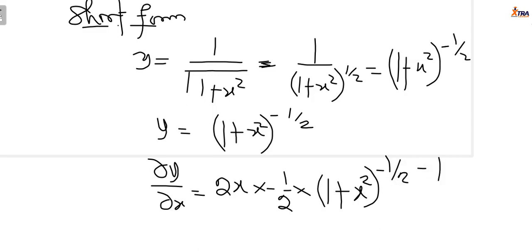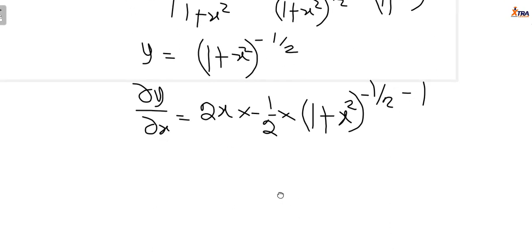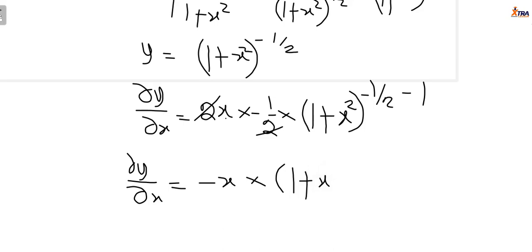So we have dy over dx equals this. We cancel this. We have x times minus 1, we have minus x times 1 plus x squared. Now let's simplify this.